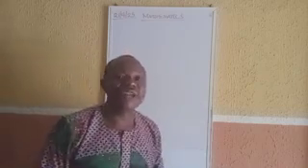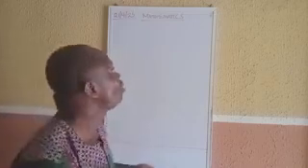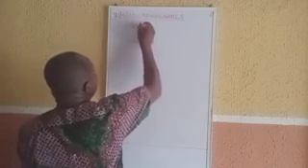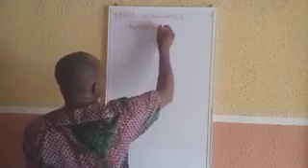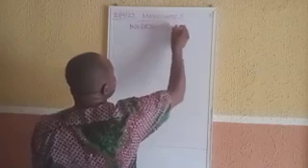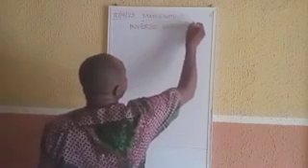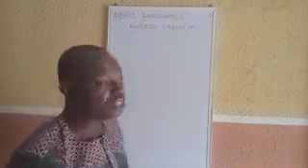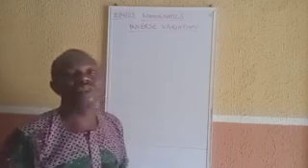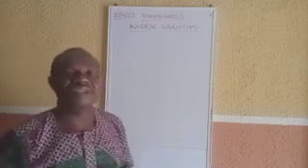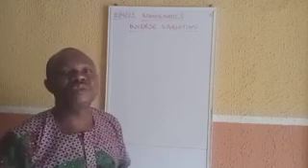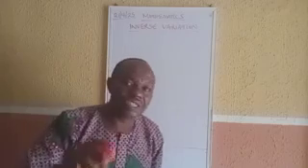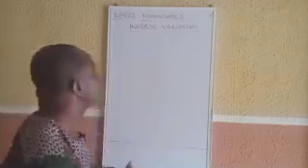With this, I welcome you to the topic for today, which is inverse variation. As we have seen from the two examples I cited, as one quantity goes up, the other quantity comes down.